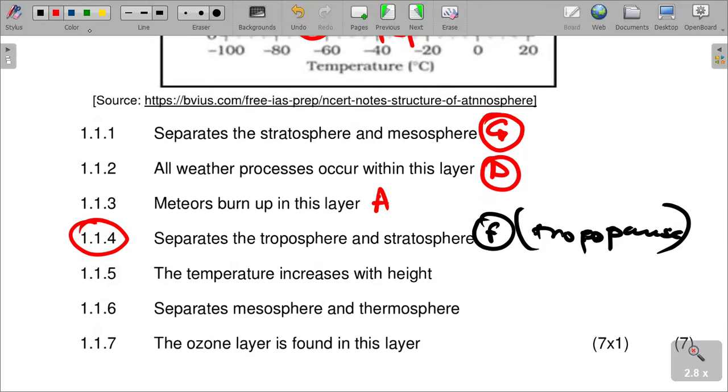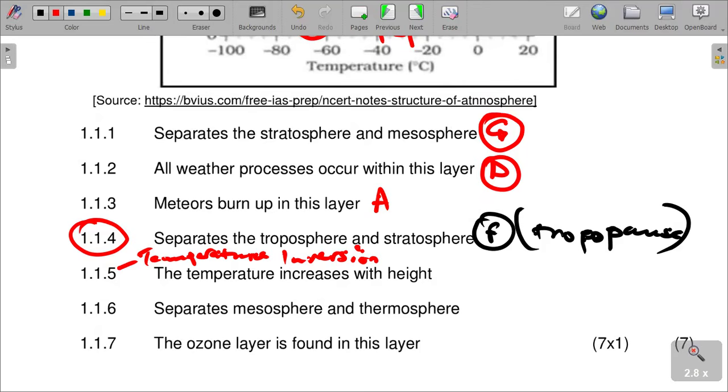We should understand that that is called temperature inversion.